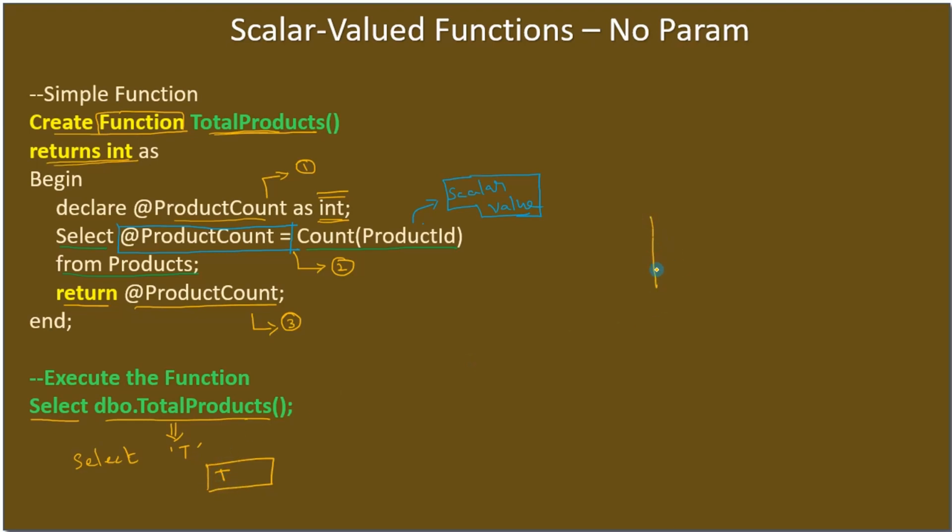Suppose you write a procedure. Inside this procedure you can make a call to this function, just like here we declared a variable. Likewise, you can declare a variable, and let's say its data type is integer.